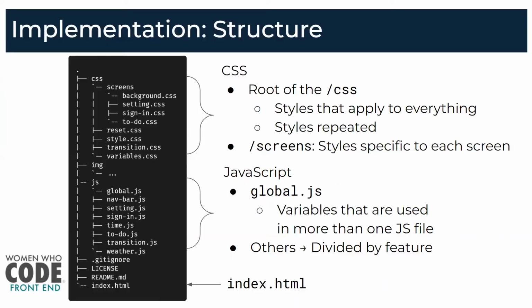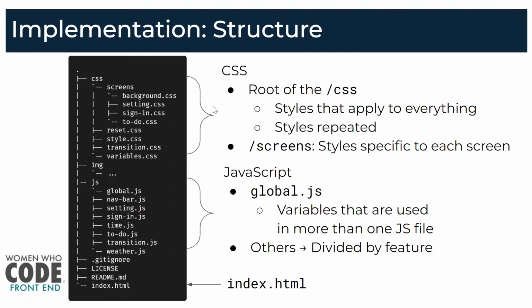So this is the project structure. So first, you see there's a whole bunch of CSS files. All the CSS files live within the CSS folder. And inside the CSS folder, I put the screens folder and some other CSS files.